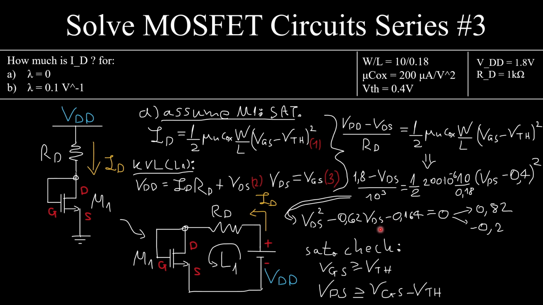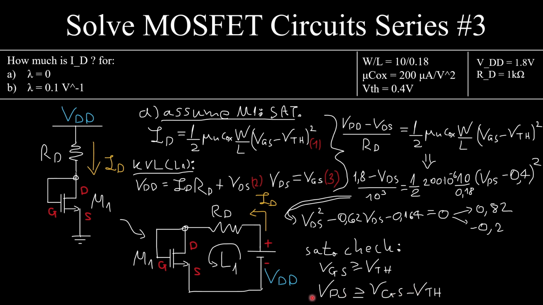I have to check the saturation. So the saturation conditions are as follows. VGS must be more than or equal to VTH, and VDS minus VGS must be more than or equal to minus VTH, which means that VDS must be more than or equal to VGS minus VTH.